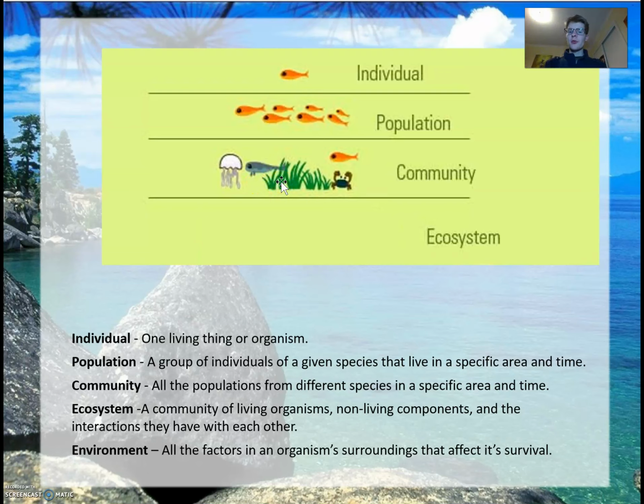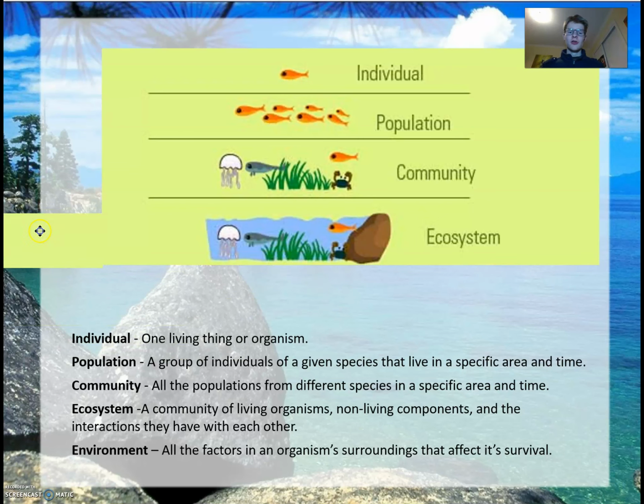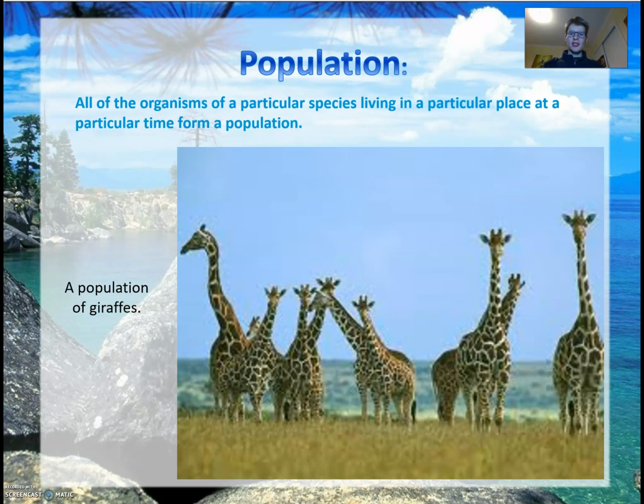Now, what haven't we described about the habitat yet? Well, we haven't described the abiotic factors in a habitat, and that is what an ecosystem is. An ecosystem includes the abiotic factors in a habitat. So, to recap, a population is all the organisms of a particular species living in the same place at a given time.